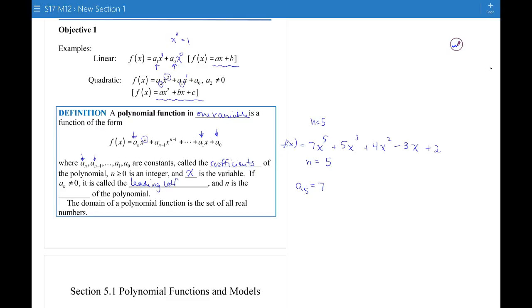When we organize the terms in order by the exponents on the x, then the first coefficient is called the leading coefficient. And n is called the degree of the polynomial: the exponent on the highest power of x. So this polynomial that I wrote here is degree 5. And again, the domain of polynomial functions is all real numbers.